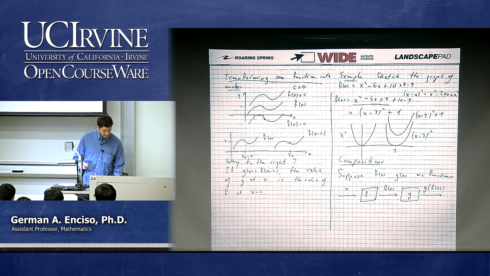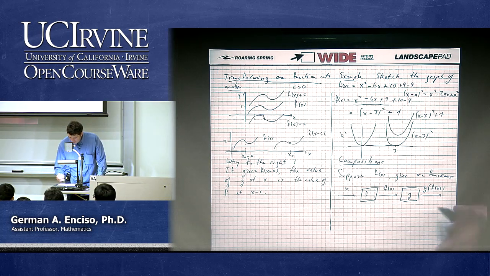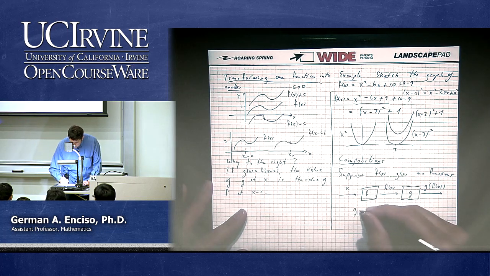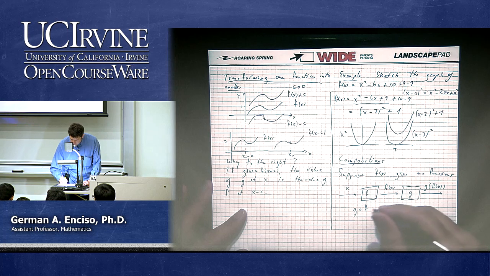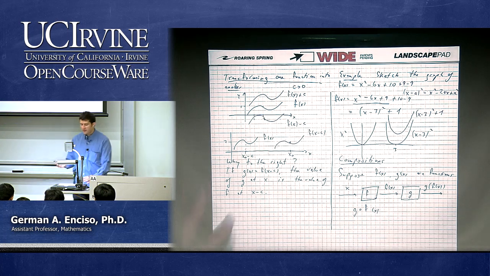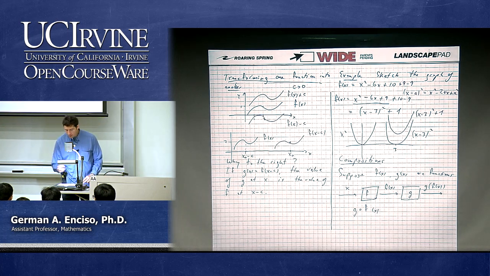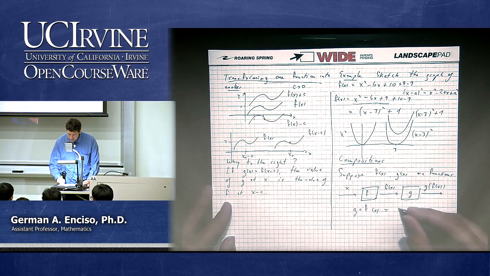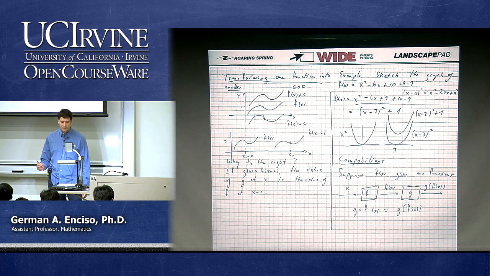So for example, this thing we call g composed with f. You might have seen this notation before. The little ball in there means composition. So g composed with f is the same thing. Don't be scared about the little ball. It's just g of f of x. That's all it means. Okay?